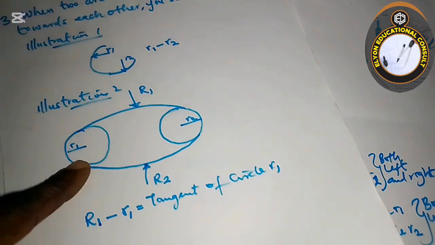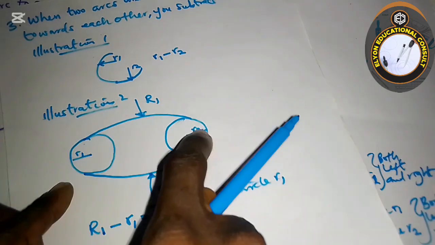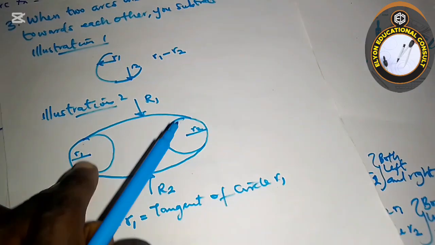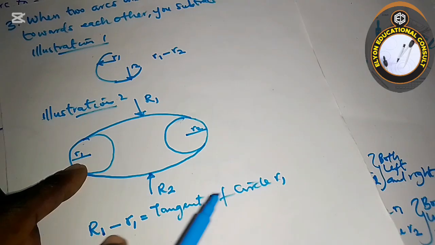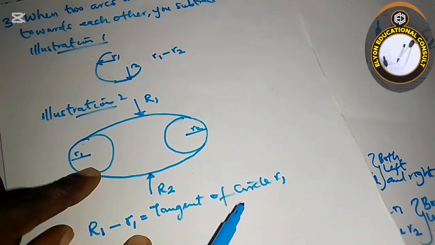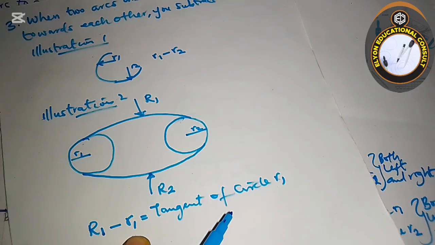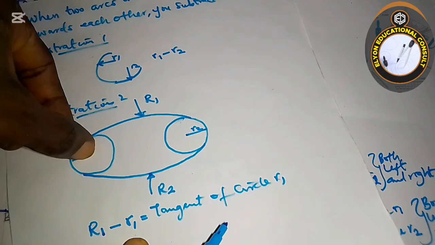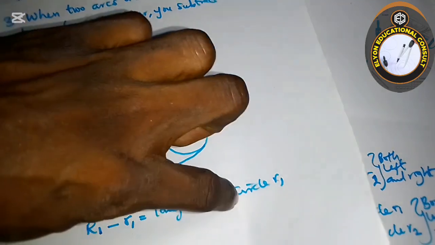Then where do we draw the arc? You can see the direction of this arc this way, so we are going to draw the arc below, that is this R1 minus this small r1. Whatever we arrive at, I will needle on this r1 and produce my arc down this way. I hope you get that now.